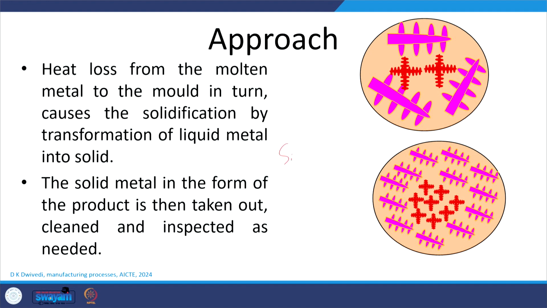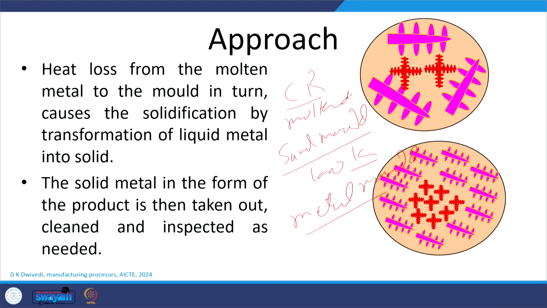Now, what happens when we use the sand mold? We know that the sand mold offers lower thermal conductivity as compared to the metallic mold. Okay, metallic mold. So, metallic mold, because of the higher thermal conductivity, extracts the heat and transfers the heat rapidly from the molten metal, and because of this difference in the cooling rate that is experienced by the molten metal during the solidification, we get a higher cooling rate in the metallic mold, that results in the fine grain structure.